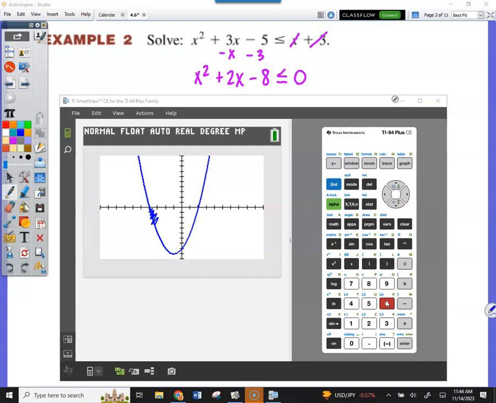Less than or equal to, meaning underneath. Now, what x values is that between? Here to here. So we're going to have one shaded section, and it's going to be in between two numbers. Do you see how that kind of sets me up to be able to answer the problem? Yes. All right, so now let's do it algebraically.